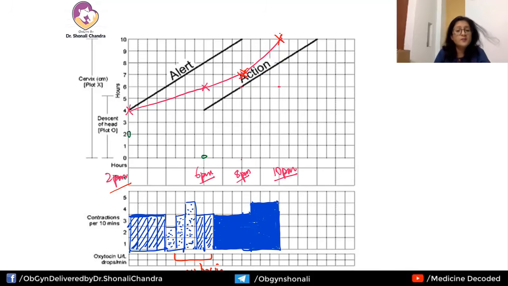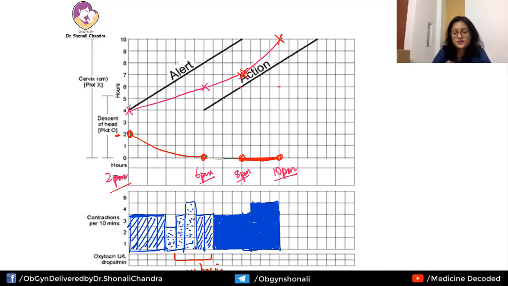But there is some problem here, friends. The descent from -2 came down to 0 at 6 p.m. Fine. At 8 p.m., the descent is still stuck at 0. At 10 p.m., the descent is still stuck at 0.